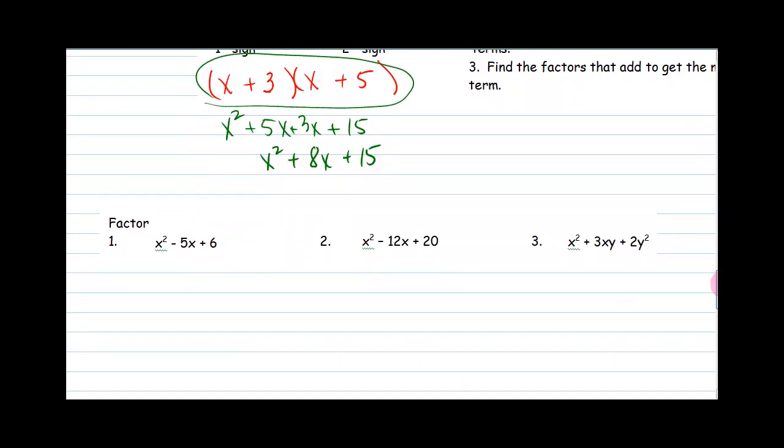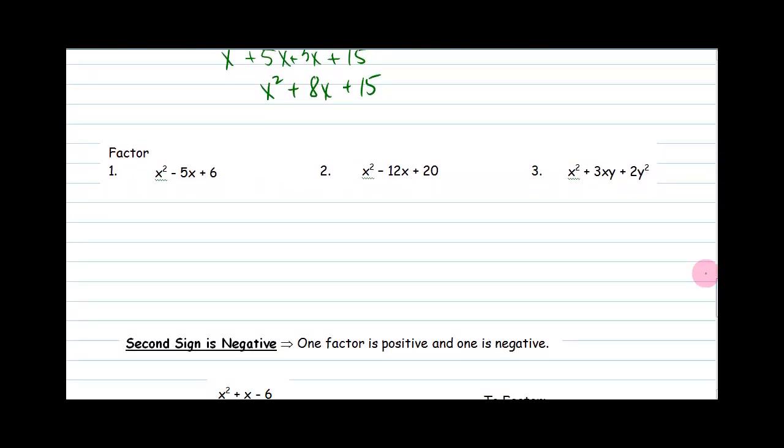So we're going to practice this a couple of times. We're going to start with number 1 here. I know automatically that this is going to factor into two binomials. The first term is x squared, so it's going to factor into x times x. The second sign is positive, so I'm going to have two of the same signs, but the first sign is negative. So that told me I have to have two negative signs.